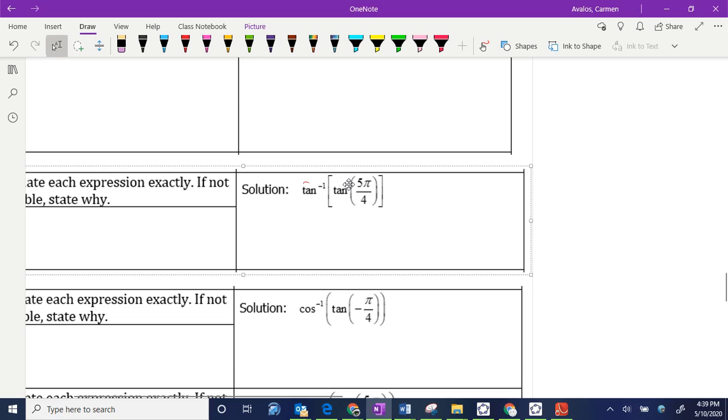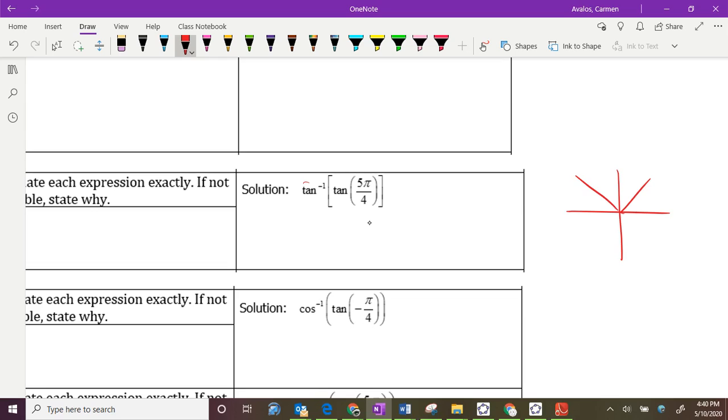There is no inverse here, so we know that this is an angle. So when we do the tangent of 5 pi over 4, we do the counting on there. We're doing the pi's over 4, so it's going to be 0, 1, 2, 3, 4, and 5. So we know that it's going to fall in here, and it is a 45-degree angle. We know that because it's divisible by 4.